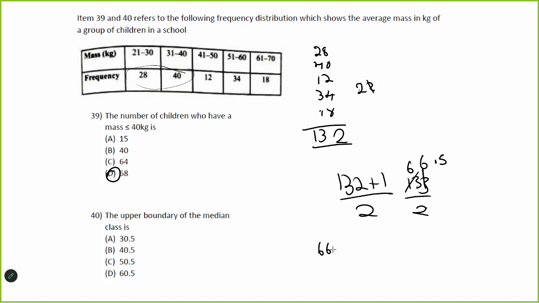So your 66.5 places between your 66th and your 67th person. We need to know where is the 66th and 67th person.